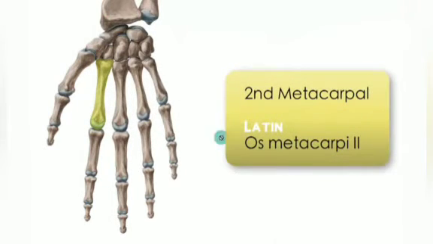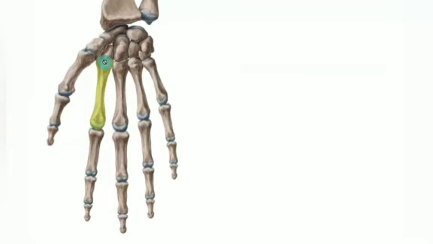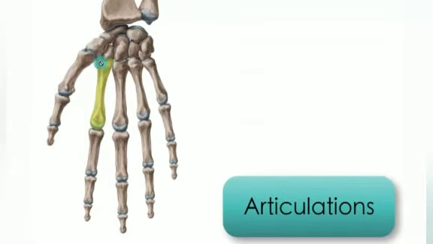Now let's talk about the second metacarpal, found in the direction of the index finger. In terms of articulation, the notch-shaped articulating surface found on the base of the second metacarpal articulates with two carpal bones, the trapezoid and the trapezium.